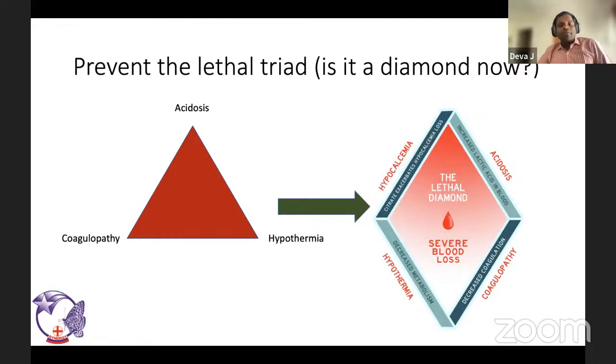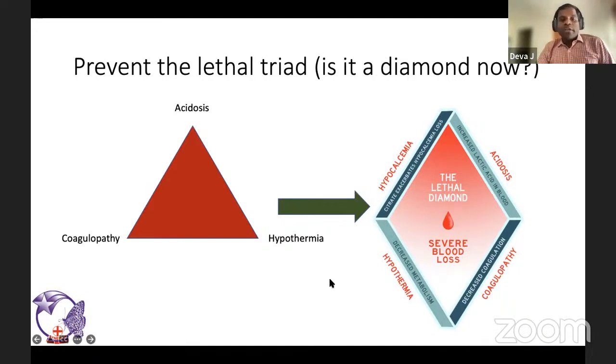So this is hypothermia, number two. And we just talked about trauma-induced coagulopathy. The coagulopathy is also affected by the acidosis and hypothermia. It's a kind of vortex that you get into. Acidosis potentiates coagulopathy, hypothermia potentiates coagulopathy, and the patient gets into a vortex. It's important to get the patient out of the vortex.